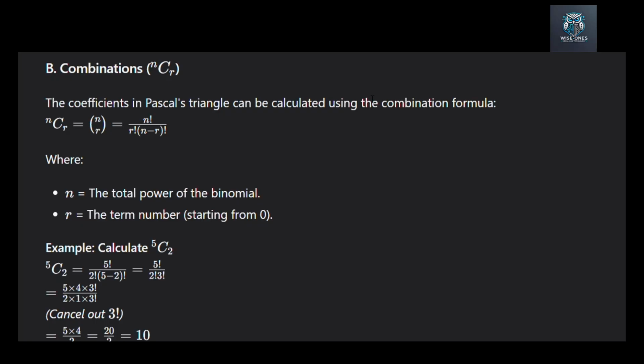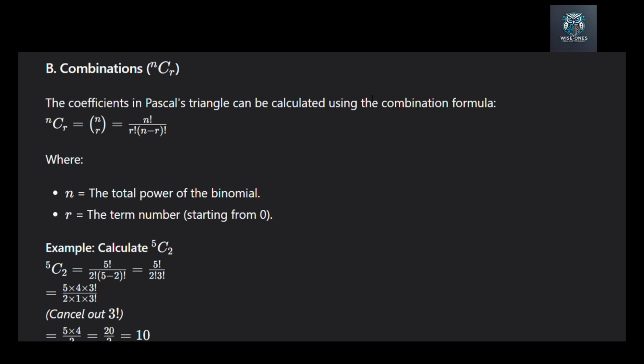So we write 5 factorial divided by open bracket 2 factorial times open bracket 5 minus 2 close bracket factorial close bracket. 5 minus 2 is 3. So the bottom part is 2 factorial times 3 factorial. Now let us expand the factorials.